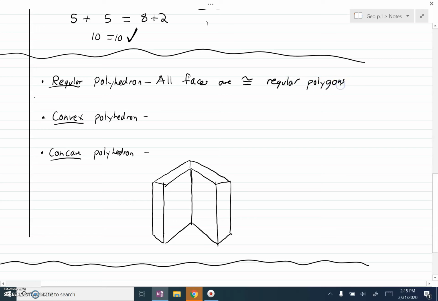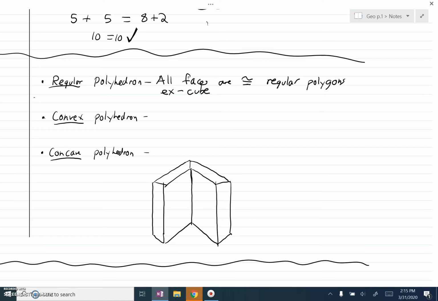The main shape, really the only one we're going to look at much with this, is a cube. In a cube, each of these sides are exactly the same squares. The bottom is the same square, the sides are the same square, the length, width, and height of the entire thing is exactly the same. For convex and concave, remember these: concave is where the shape caves in, convex is where it does not cave in.